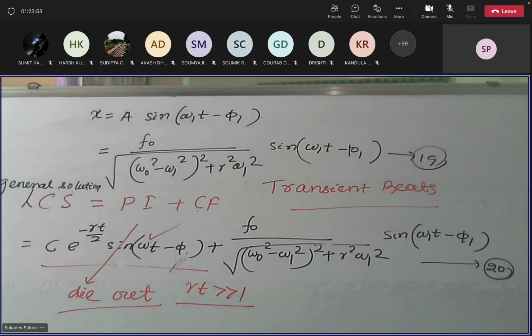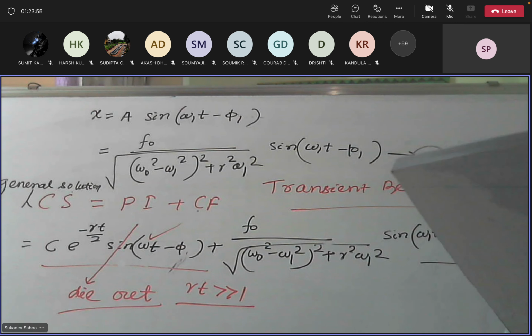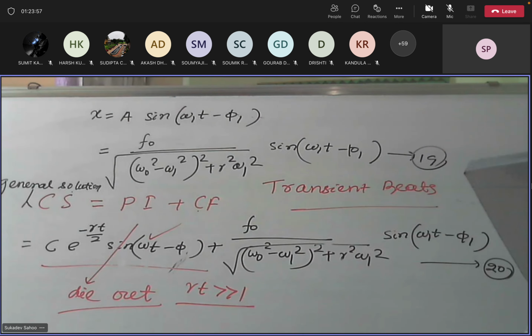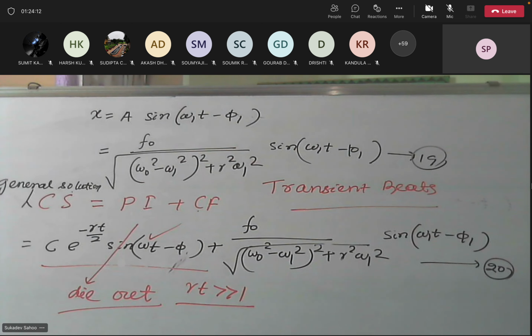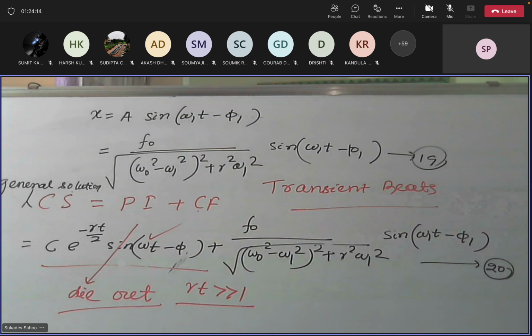The smaller the decay constant, gamma by 2 or gamma, the longer the life of the beats. Hence, equation number 19 represents the solution of forced oscillation, whereas equation number 20 is the general solution of the forced damped oscillator.